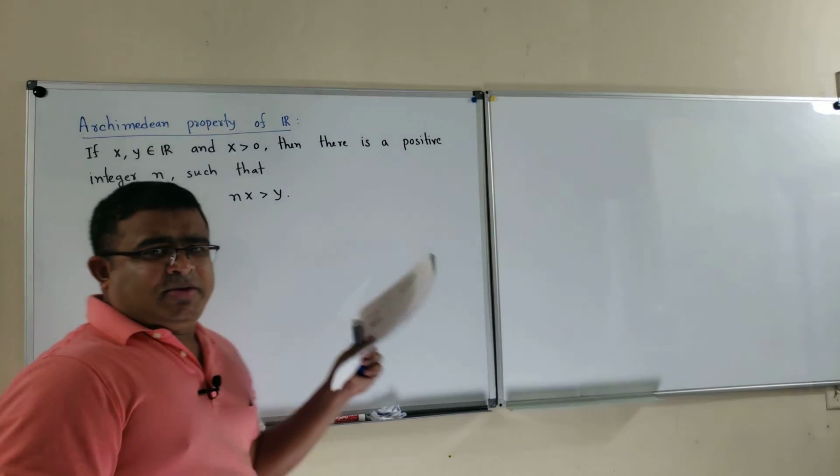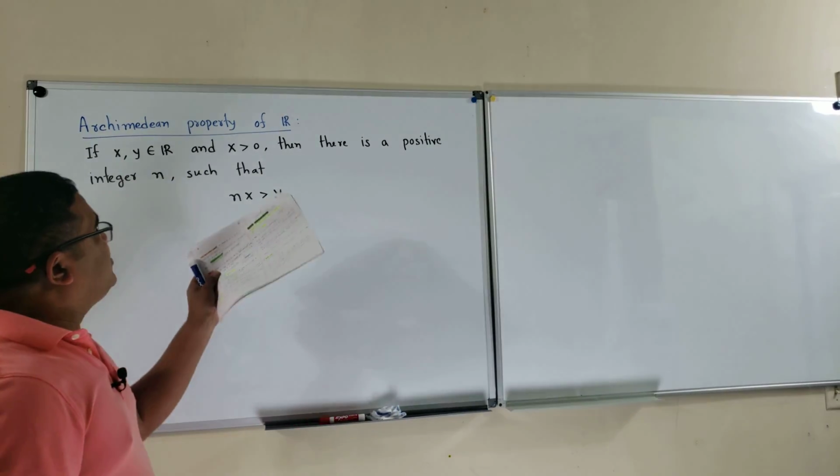So, this is the statement of the Archimedean property of the set of real numbers.